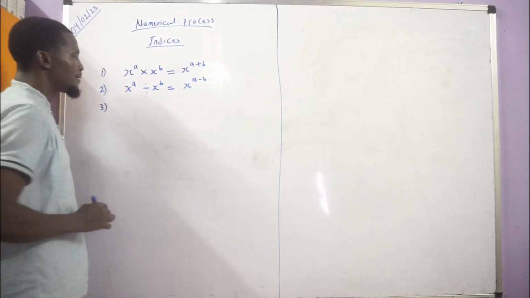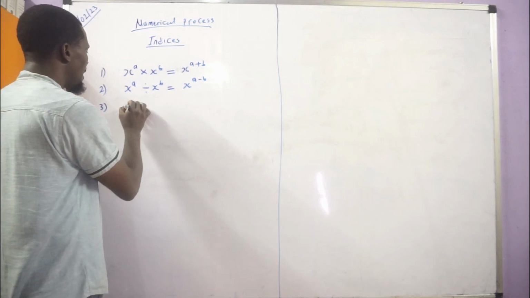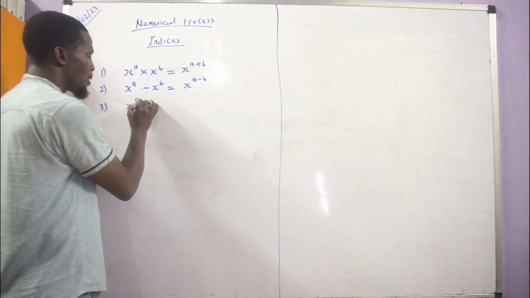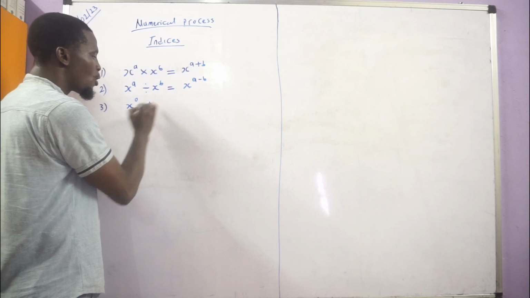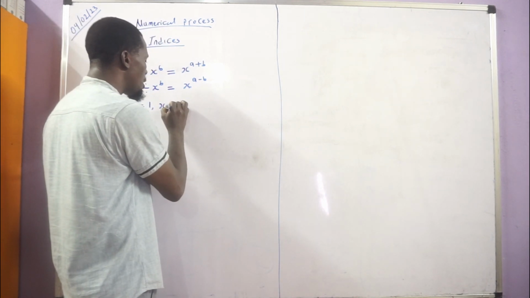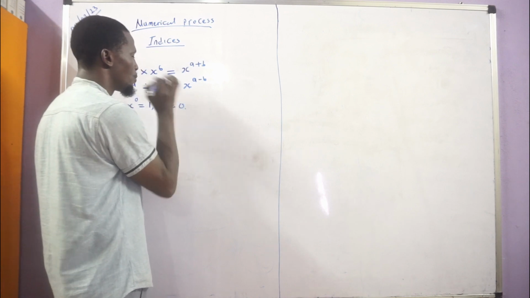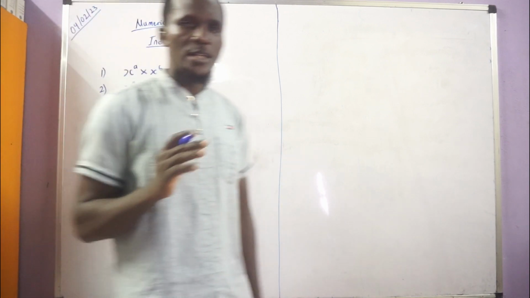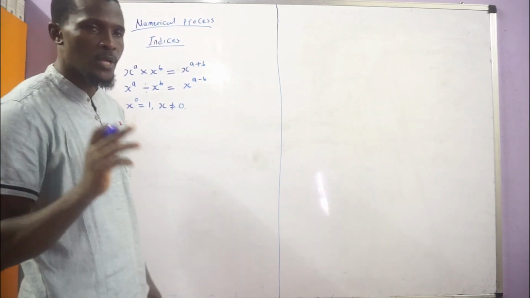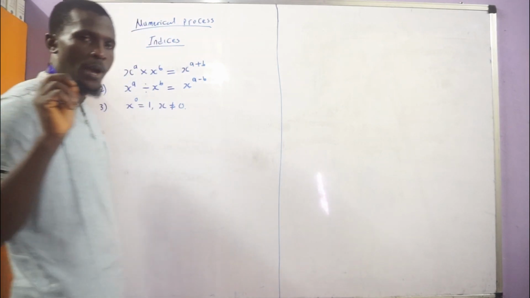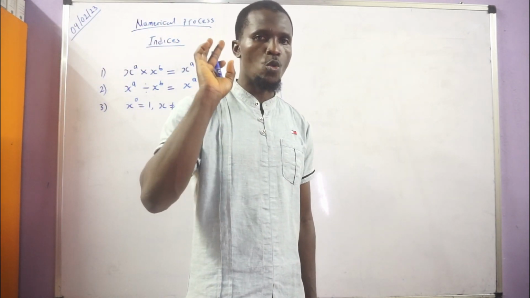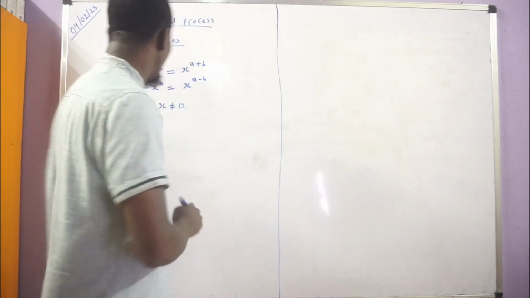The third is when you have x raised to power 0 is equal to 1, provided that x is not equal to 0. So when your x is not equal to 0, then anything raised to power of 0 is equal to 1. That is rule number 3.